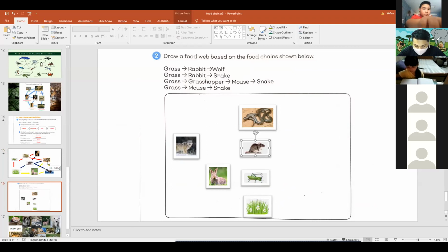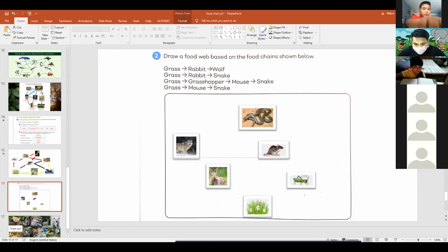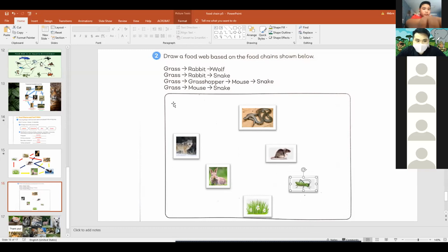Last one is the grass. Now let's put the animal.